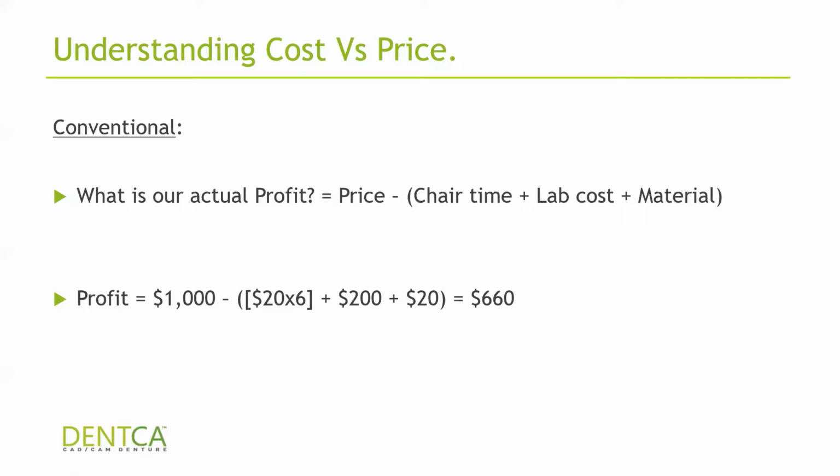So your profit with conventional is not really the about $800 or $700 that we saw, but it's actually $660. Now, if you do it with CAD/CAM, then it's a little bit more expensive, so it would be about $640.